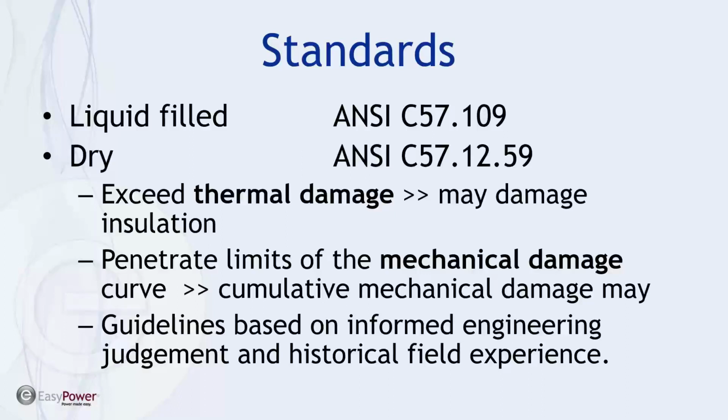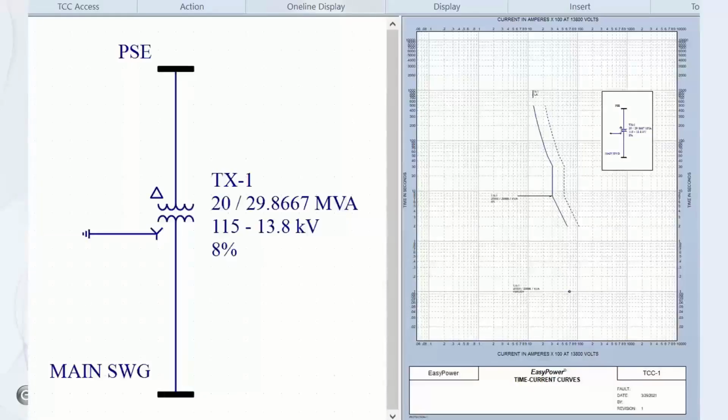And then the guidelines that we're going to be talking about are based upon informed engineering judgment, not necessarily rules from any organization. When you set up a transformer in EasyPower and then display the Z curve using the coordination module, which we call Power Protector, you get something that looks like this.